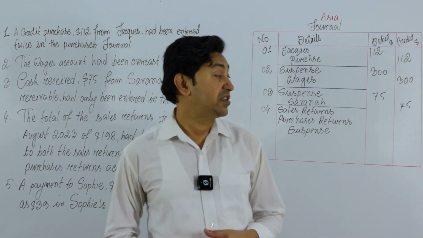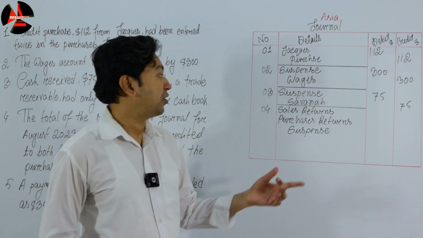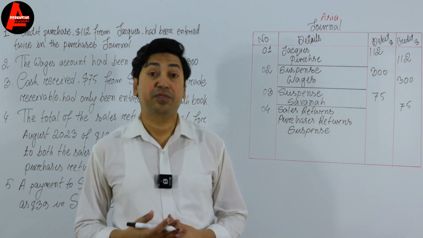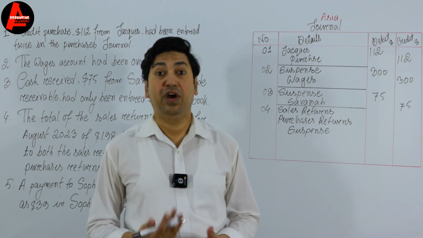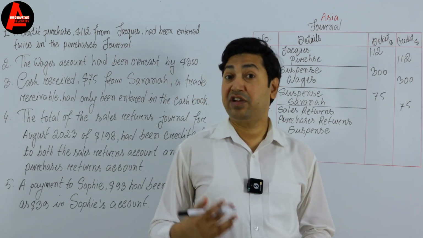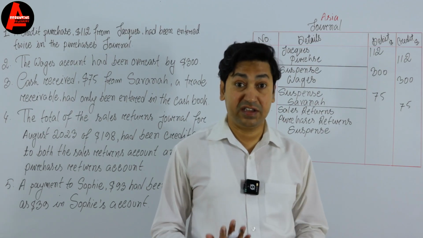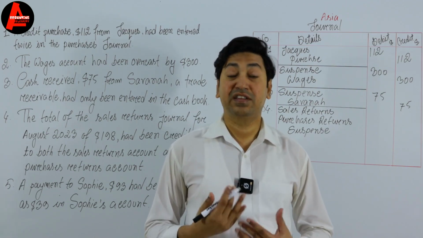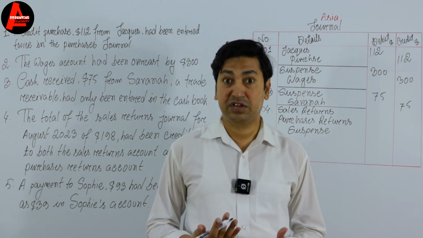Okay, now the question is which amount we will write here. You know, it is an error of complete reversal. When we write a debit account on the credit side, or a credit account on the debit side, it is called an error of complete reversal. Okay, in this case how to write the amount correctly?